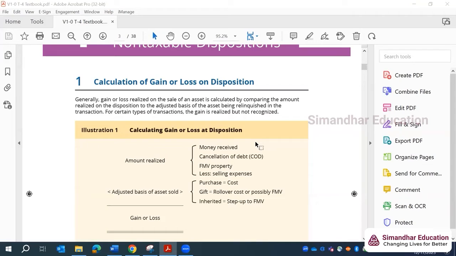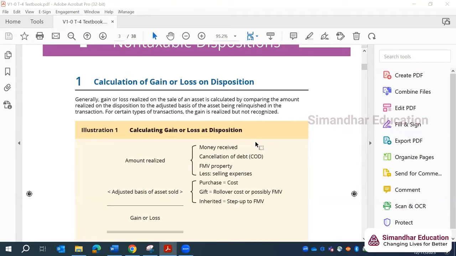Recognition is when you actually pay taxes on the gain or you recognize the loss on a transaction. So realization is when there is an economic exchange. Recognition is when you account for that gain or loss on your tax return. These two terminologies will be heavily used when we come across one of the dispositions, like-kind exchange dispositions.